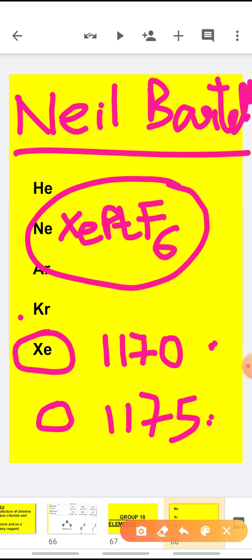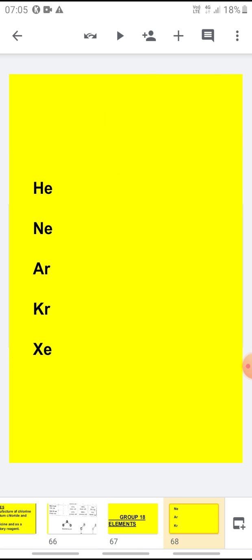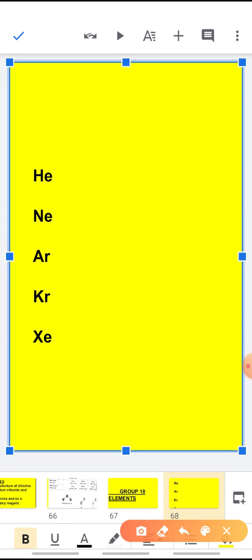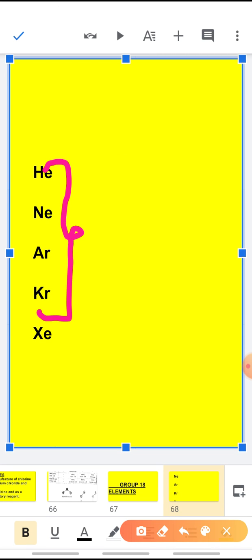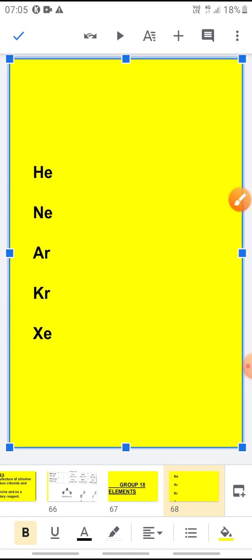No true compounds of helium, neon and argon are present; they have not yet been developed. We can say krypton has formed a few compounds, but helium, neon and argon have not formed any. So we have to study in detail the properties of the compounds of xenon only.